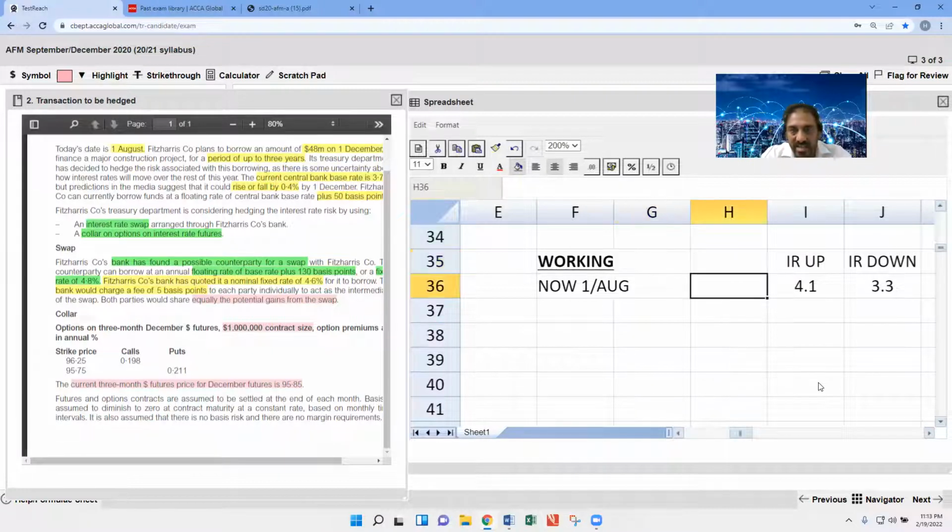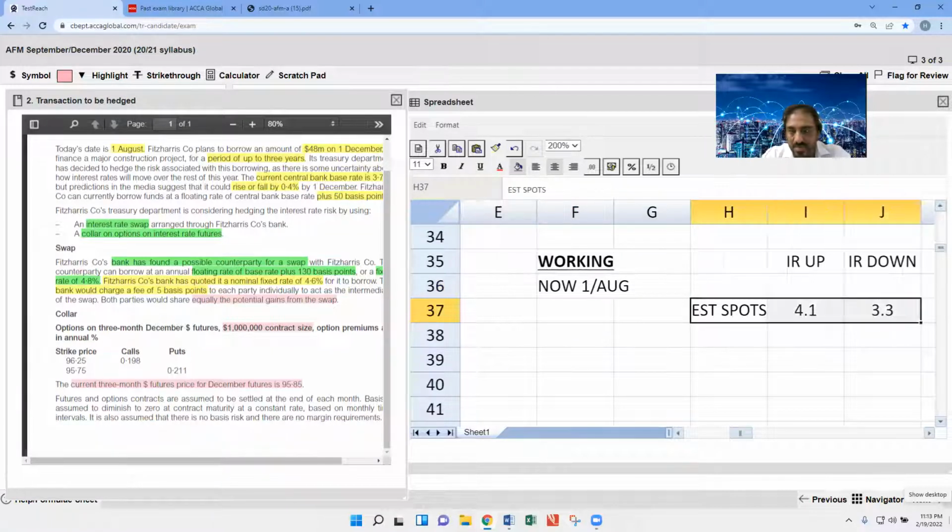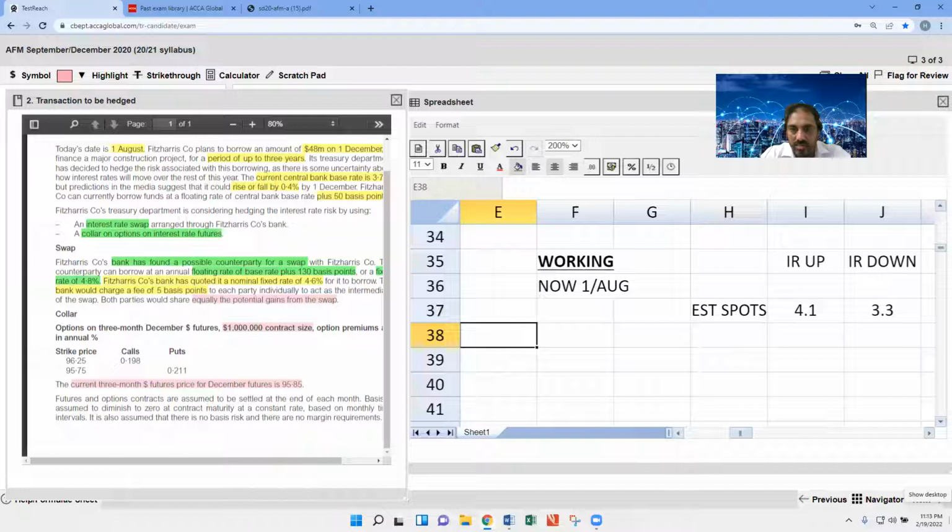So basically, these are estimated spots. Now the point is, what is now a spot?